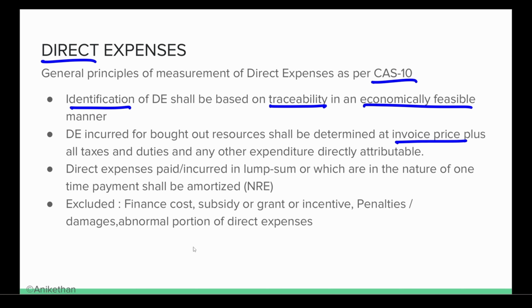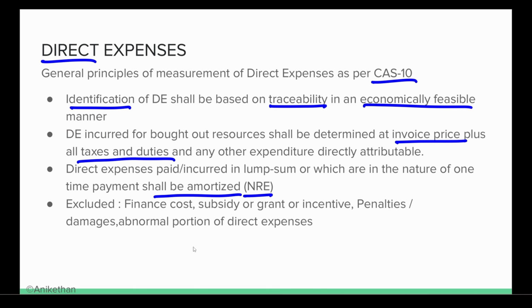Invoice price plus all taxes and duties, where you do not get any refund of those taxes and duties. Third is direct expenses paid in lump sum. It's also called non-recurring engineering charges, and shall be amortized. If I have given, let's say, 10 lakh as a service charge and the benefit is over 5 years, every year I will amortize 2 lakh as a direct expense.